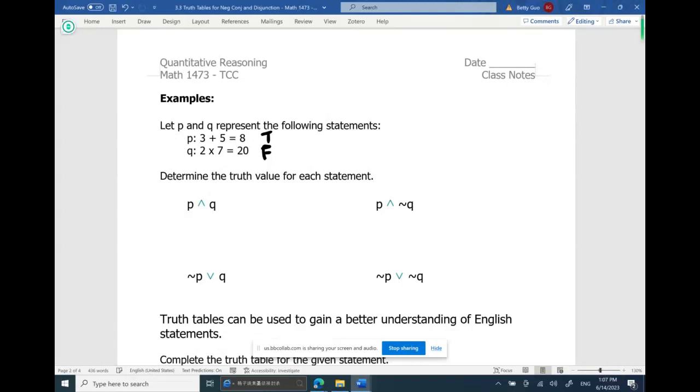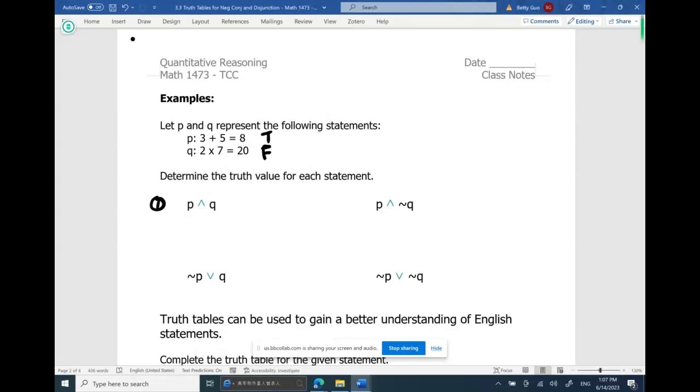Okay, so we have 2 simple statements given, P and Q. P is true, Q is false. We need to determine the truth value for the following compound statements. The first one is a conjunction or disjunction? At this point, you should be very familiar with those symbols, right? We learned the symbols yesterday.